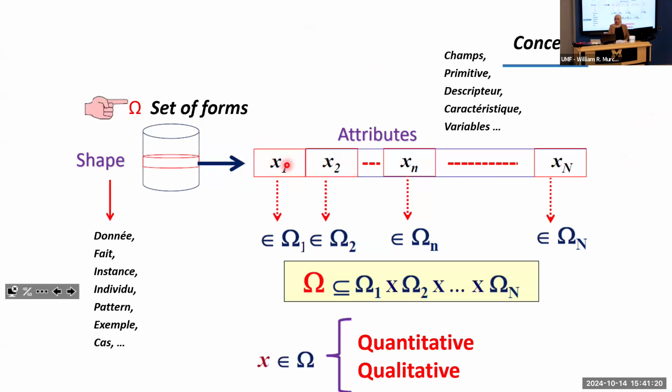So these are numbers. If I say height or weight, these numbers are quantitative, which measure a quantity, so they are called quantitative variables.